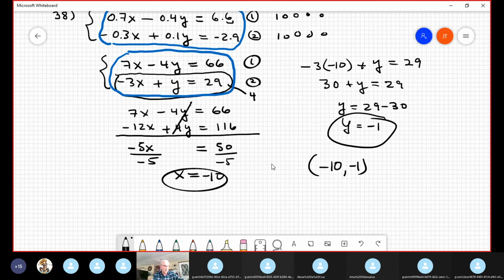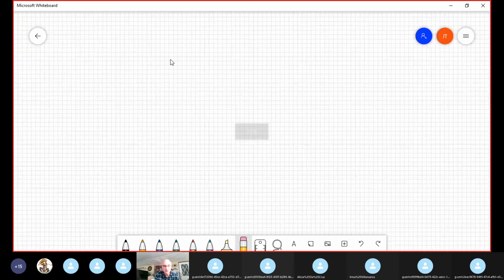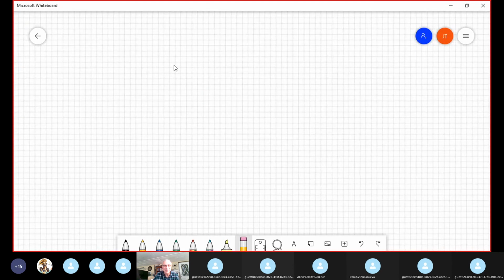Okay, one more with the fractions. Do you like fractions? No. Me too. Nobody does. Therefore, we immediately eliminate the fractions. Exactly, we clear the decimal, we clear the fraction.